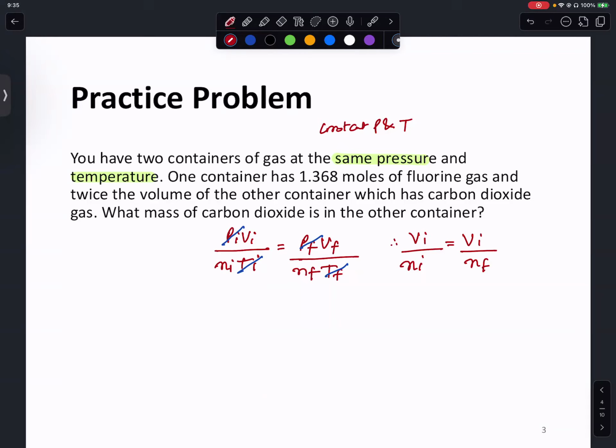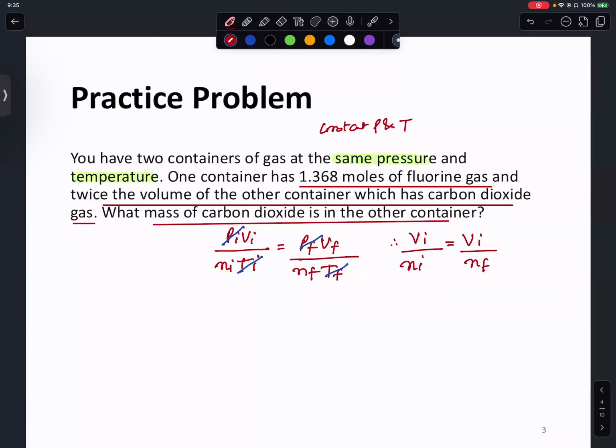Let's read the rest of the problem. One container has 1.368 moles of fluorine gas, and twice the volume of that container has carbon dioxide gas. What mass of carbon dioxide is in the other container?